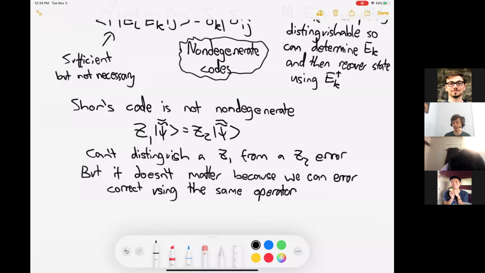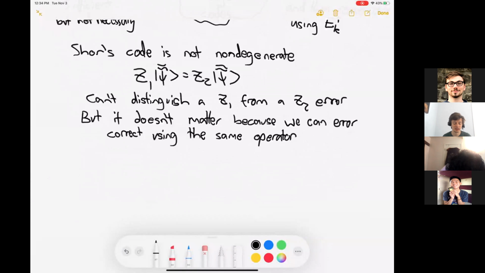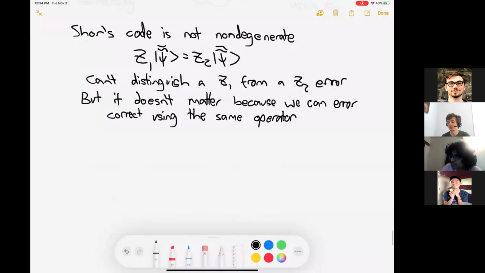Okay, so different errors are allowed to do the same thing to states as long as they do the same thing to every state in the code subspace, every different logical state.